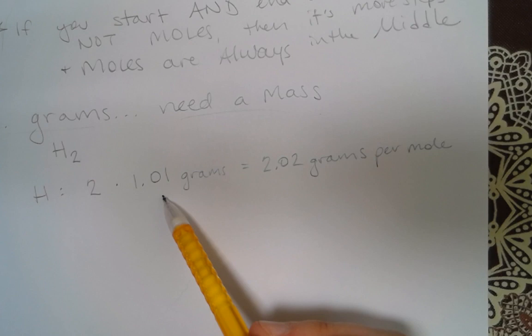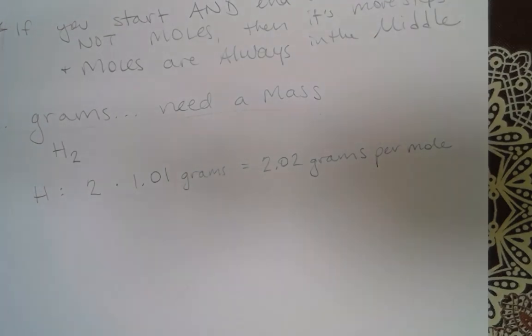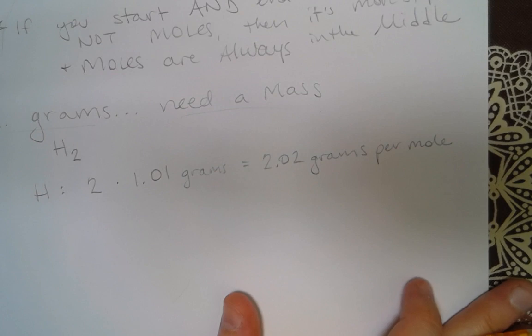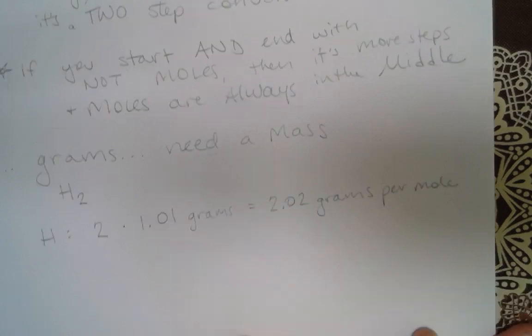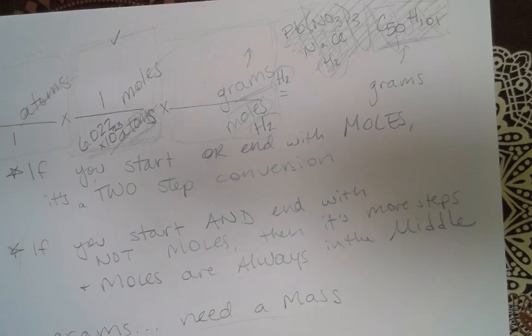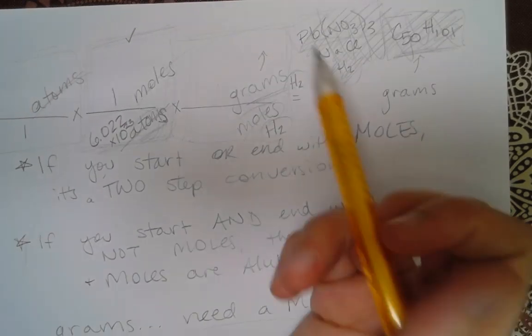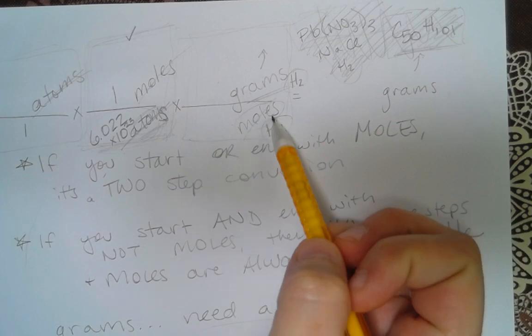Altogether, it's 2.02 grams. For your last step, there's your grams, there's your moles. Which side does that 2.02 number go on?